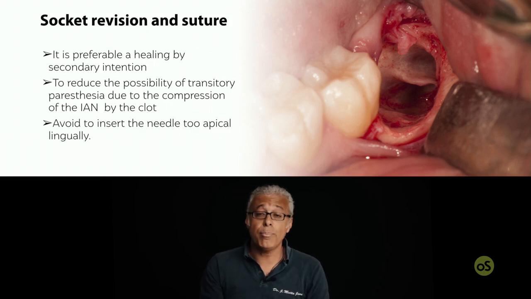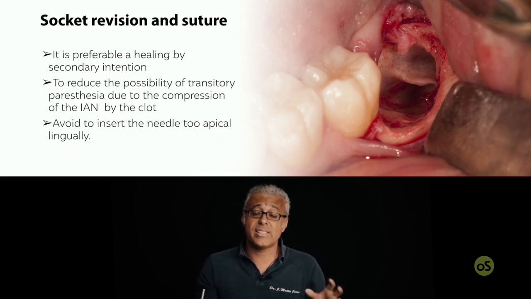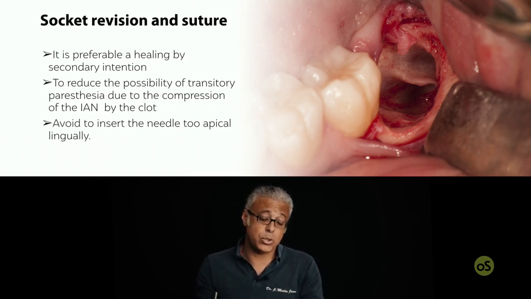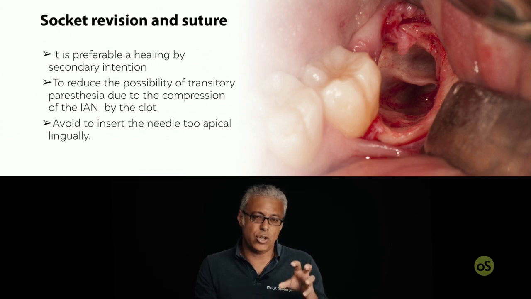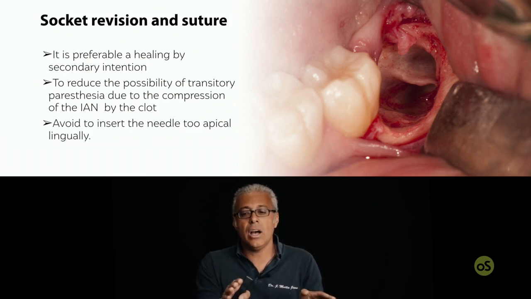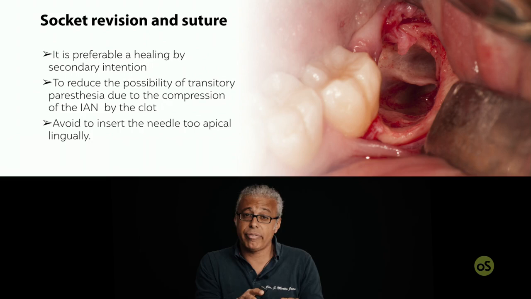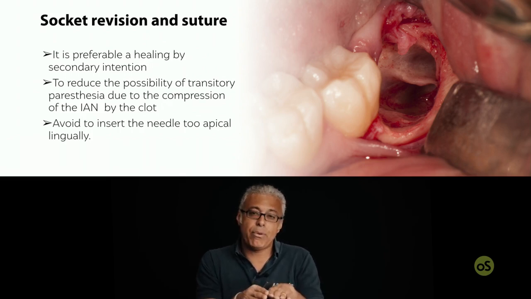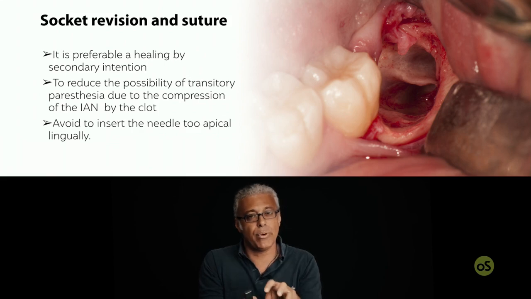Another important thing is, if there is a connection between the nerve which is exposed and doesn't have the bony canals, we have to try to reduce also the compression that the clot is going to create inside the socket in the first moment of the healing, and so maybe perform a secondary healing closure of our flap without giving a primary closure that can give a compression of the clot on the nerve.